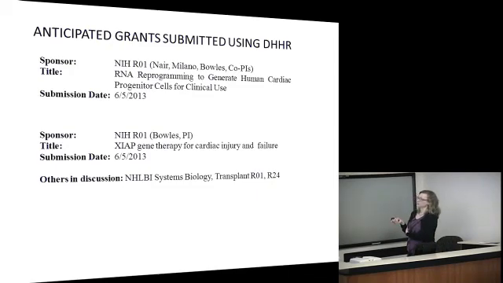Some of the other grants that are in discussion are an NHLBI systems biology grant. Because we acquire so many pieces of tissue from each and every heart that we have, we're really not at a loss for substrate.